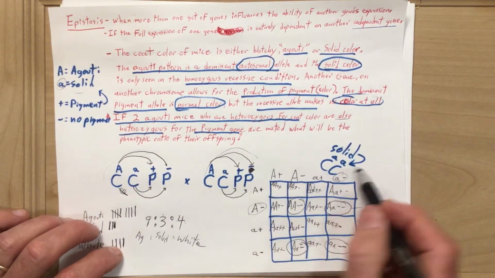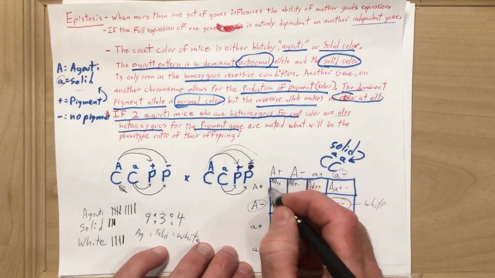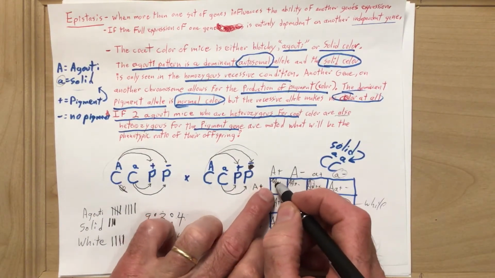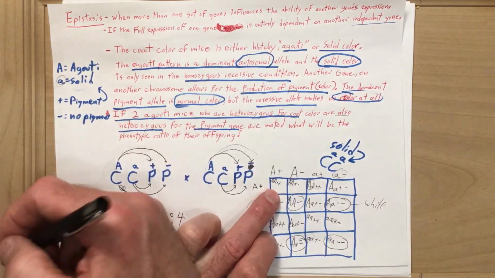All right. So I filled out this chart based on those two genes, although they're both essentially coding for the same trait, which is the coat color of that mouse, right? This animal here is agouti because it has the big A, and it's got the plus, which means it can make pigment.